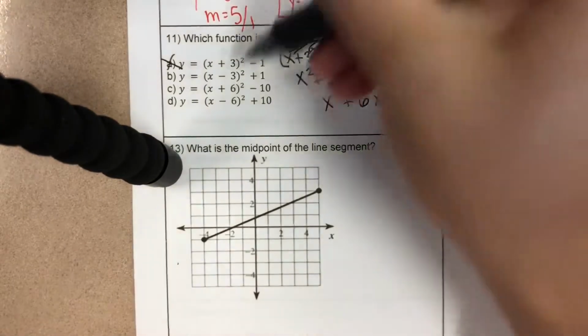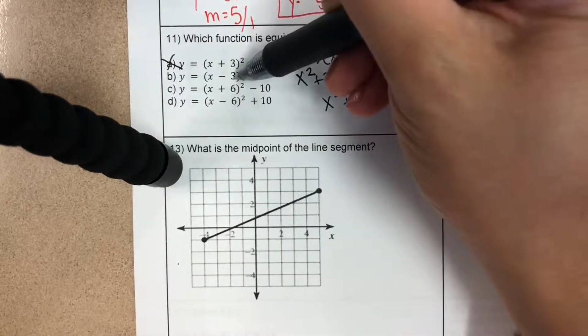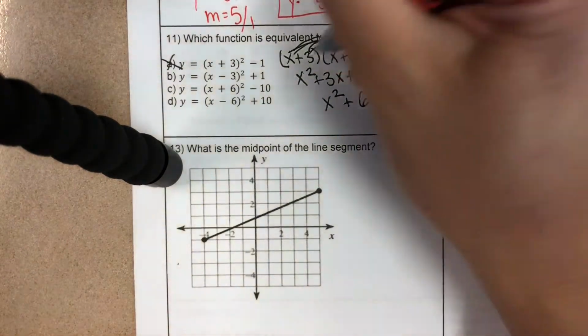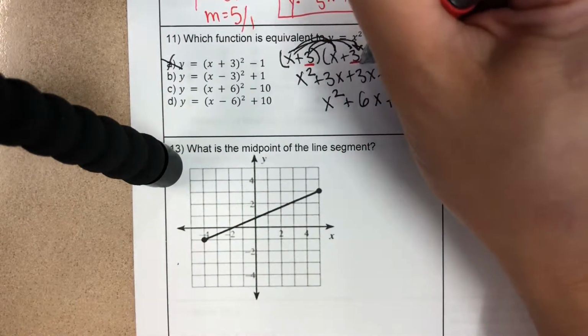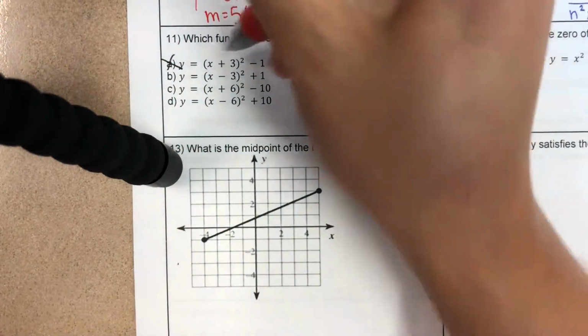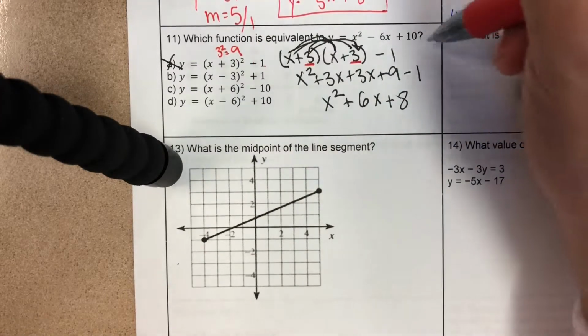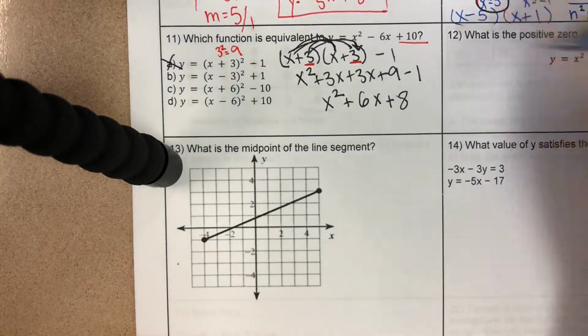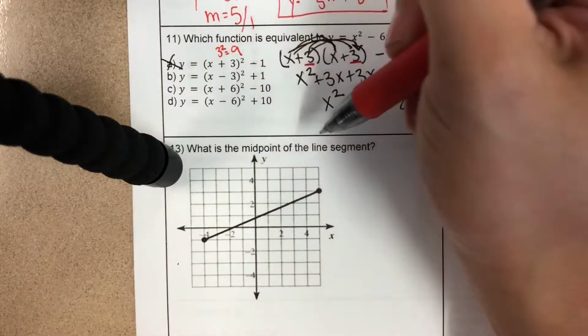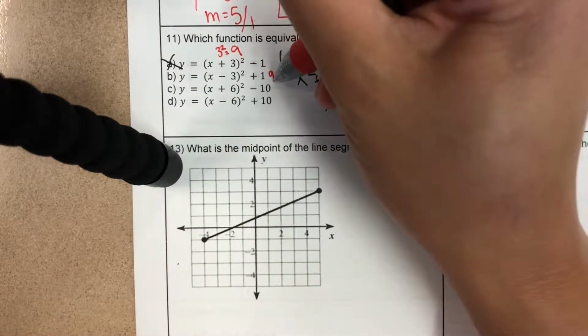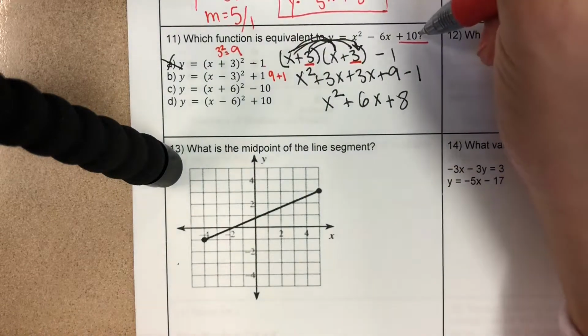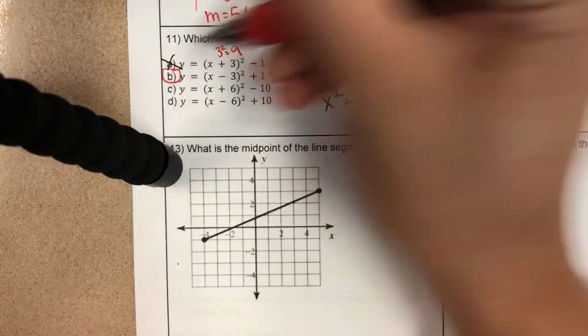The shortcut is that when I have a square, I know that this back number, just like I saw here, 3 and 3 will give me my constant. So for this one, 3 squared was 9, and then minus 1 is not going to give me positive 10. Right here, negative 3 squared, that is 9 again, plus 1, that is going to give me 10, so I'm going to keep this one.